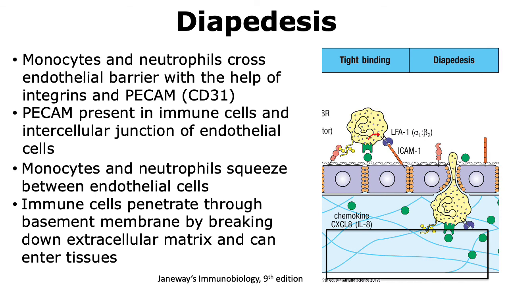Once the immune cells are able to get access to the other side of the blood vessel, which is where the tissues are and most likely the site of infection is, the immune cells have to break through the basement membrane. The way they do that is they make extracellular matrix proteases that are able to break down that extracellular matrix and can enter into the tissues.